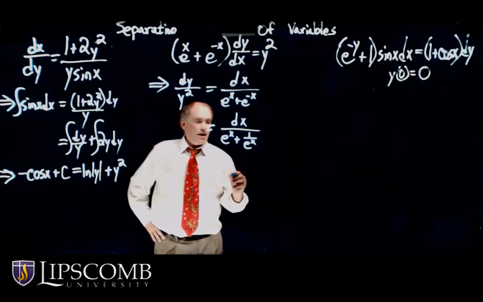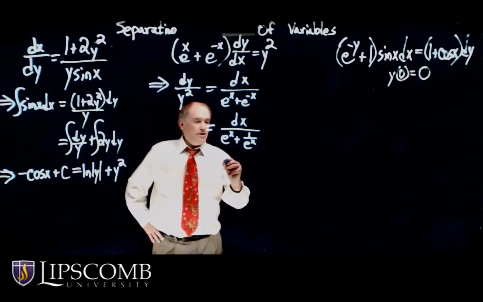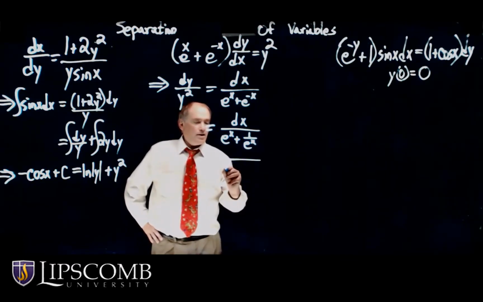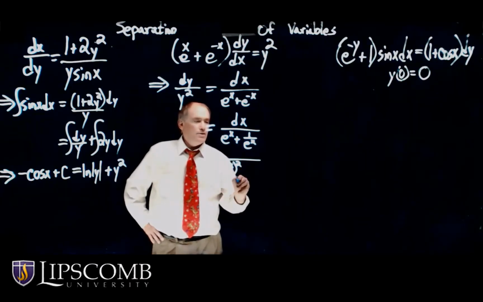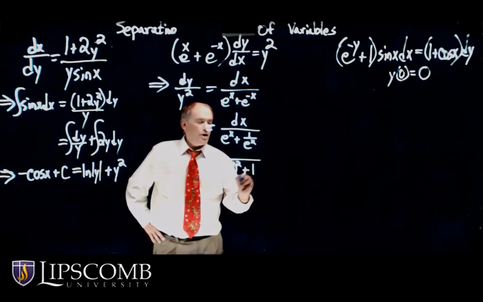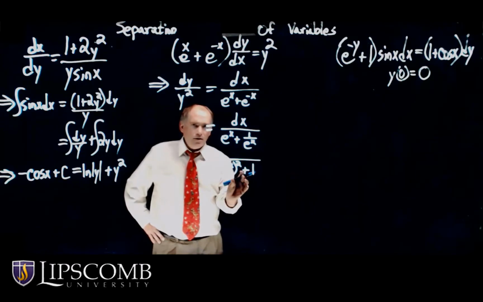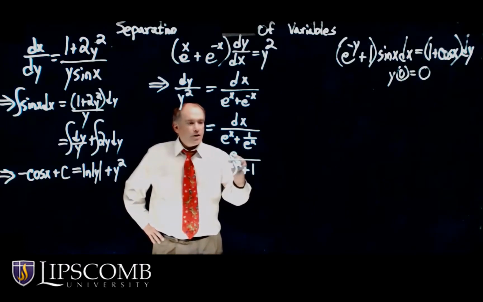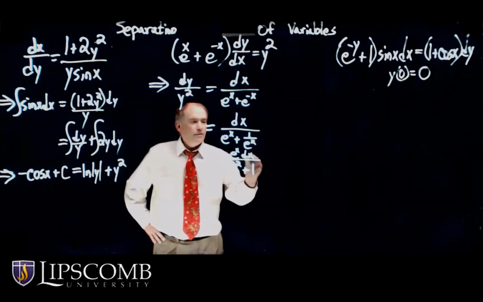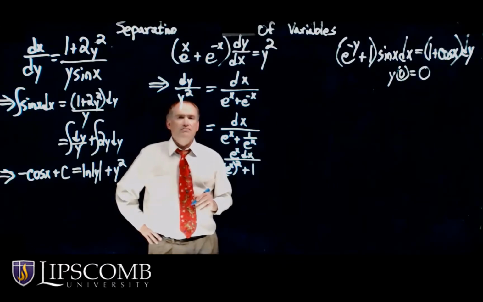So what do I get? In the denominator, I'm going to get (e to the x) quantity squared plus 1, over e to the x. Well, if it's in the denominator of the denominator, it flips. So it comes up here: e to the x dx.